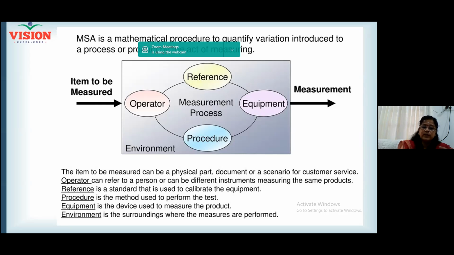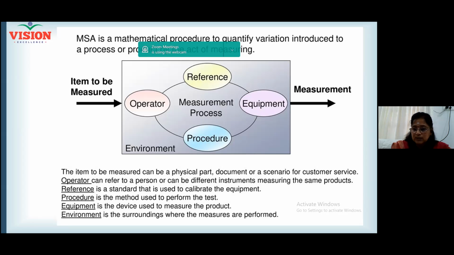So this particular tool comes under the measurement system analysis, where, how, when, who will be taking everything, and what items are to be measured, which operator will be taking, with which reference they should have, whether the design document should be kept and used as a reference, all that, which equipment.